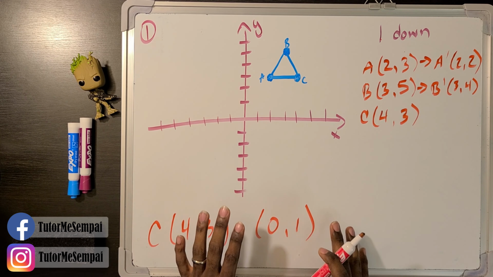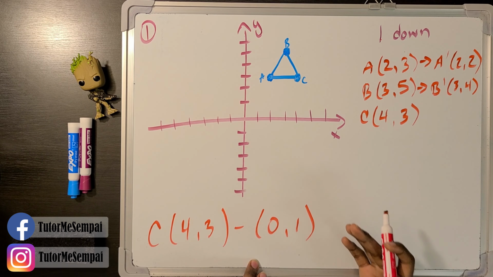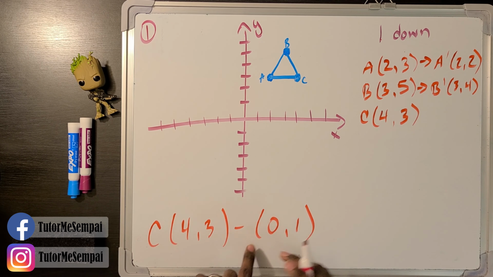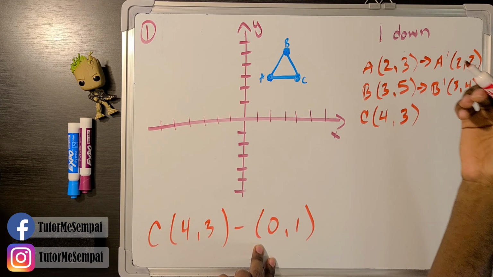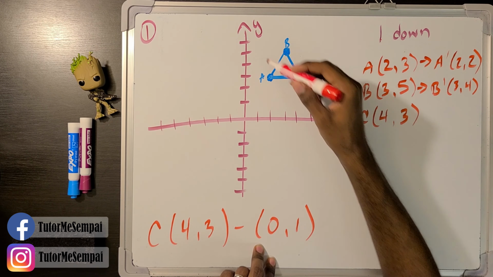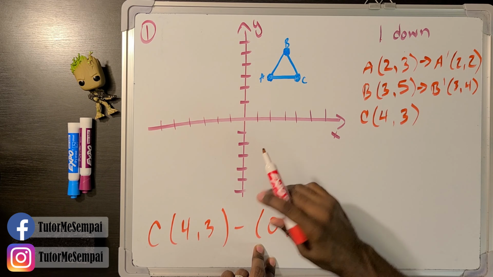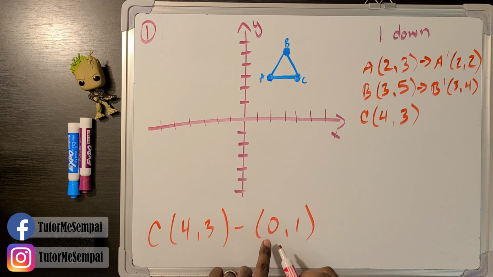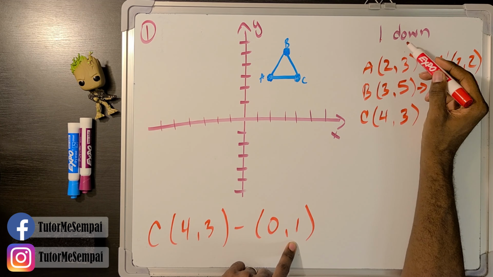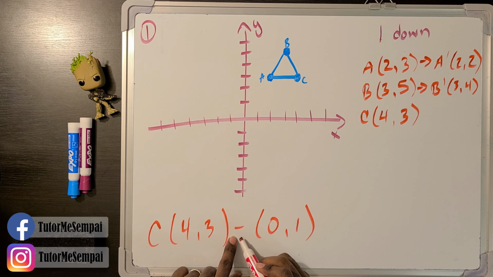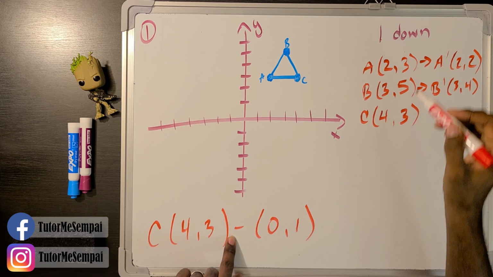Okay, let me explain this a little bit more in case you're confused about what we had just been doing. This right here, we're subtracting the (0, 1) because this translation tells us to go 1 down. 1 down means we have to be on the y-axis, not the x-axis, so we're not doing anything to the x-coordinate. We're only manipulating the y-coordinate. And we have to go 1 down, not 1 up. That's why we subtract. So in case you were wondering why we're subtracting, it's because we're going down 1.